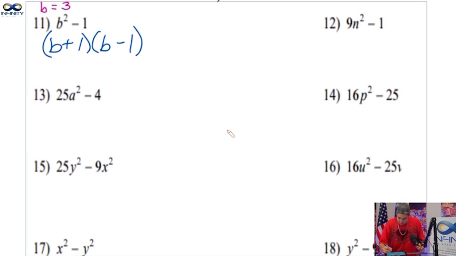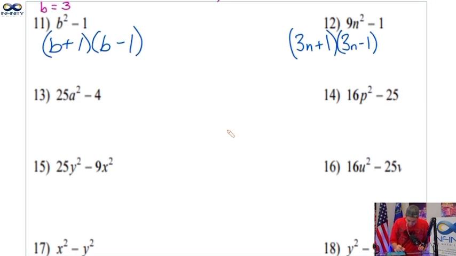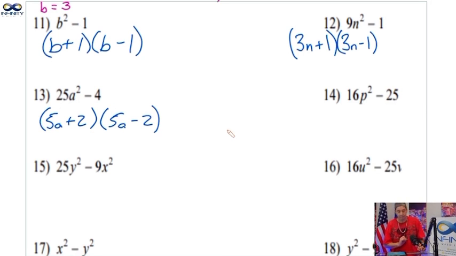It's going to be (3n plus 1)(3n minus 1). All right, feel free to jump ahead. I'm going to go right in order. (5a plus 2)(5a minus 2). (4p plus 5)(4p minus 5).